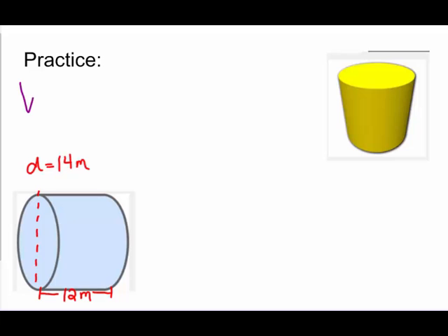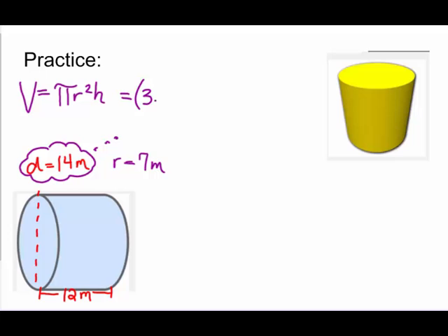I know that if I want to find the volume of a cylinder, I'm going to use the formula volume equals pi r squared h. But I need to find the radius of my cylinder, and I wasn't given that measurement. I was only given diameter. Well, we know that the radius is half of the diameter, so my radius is 7 meters.